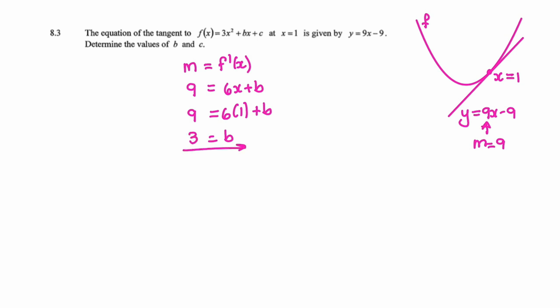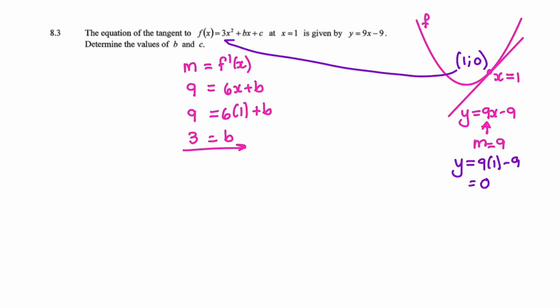So also what we can do is find the coordinates of this point. So we have x is equal to 1, and in order to find the y value, I have the equation of the line where x is equal to 1, so therefore the y value would be 0. That means inside my equation for f(x), where x is equal to 1, the result would be 0.